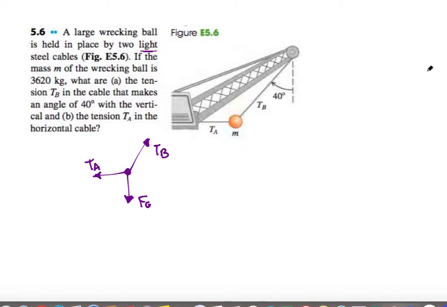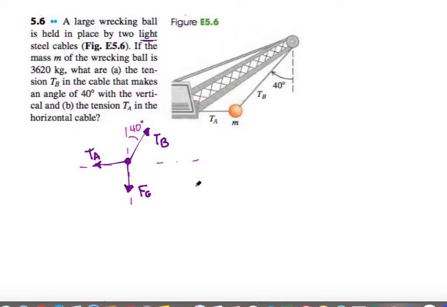So I will go ahead and sketch my axes here so that I can define my angle. So if this angle here that tension B makes with the vertical is 40 degrees, then that means that this angle right here is 40 degrees by opposite interior angles, if you want to know. So what do we do from here?